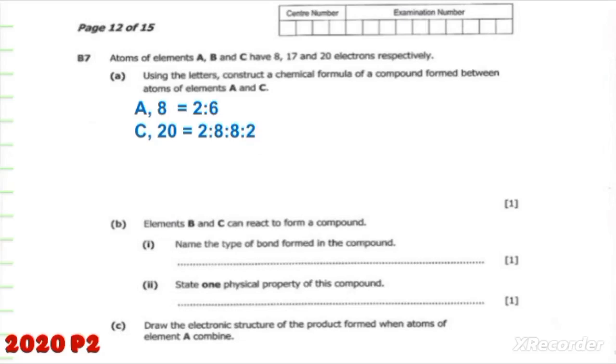Okay. So we have seen that here we have a metal and a non-metal. So therefore, the compound that will be formed is an ionic compound, since we have a non-metal and a metal. Okay. So all elements from group 2 have valence 2, and all elements from group 6 have valence 2.